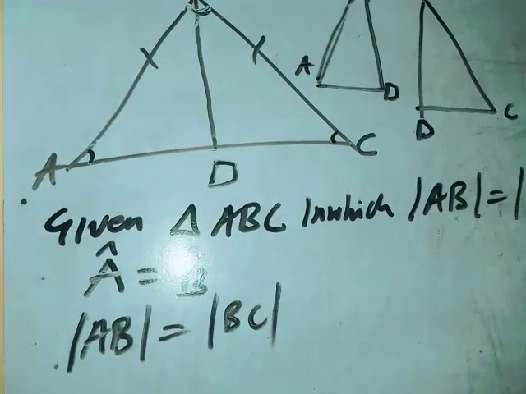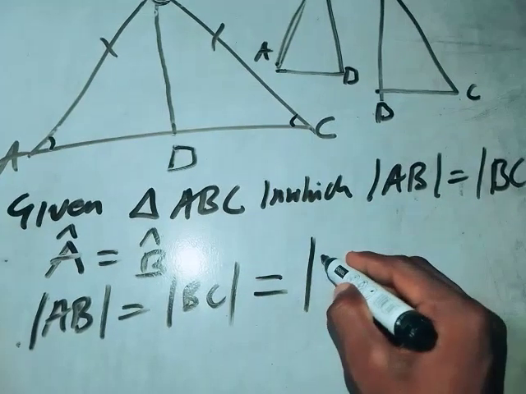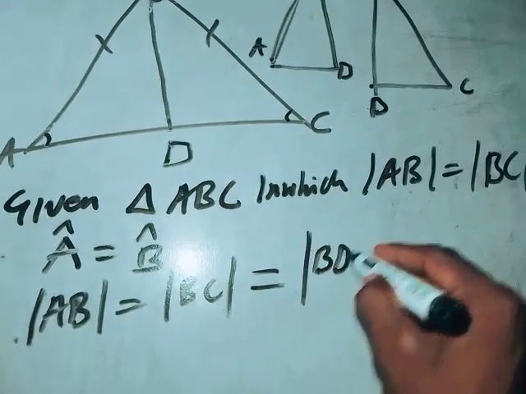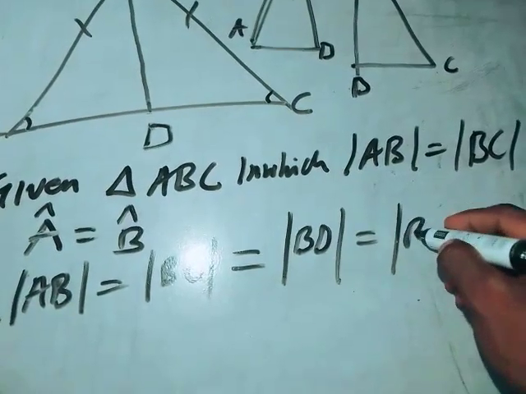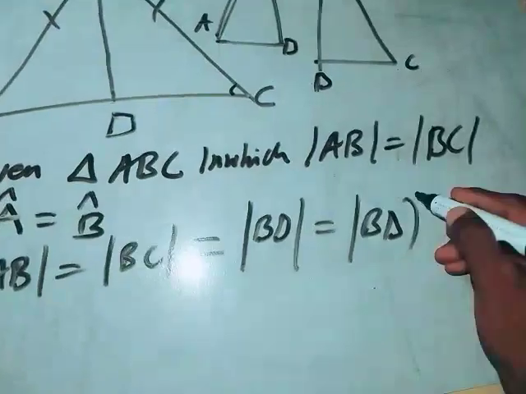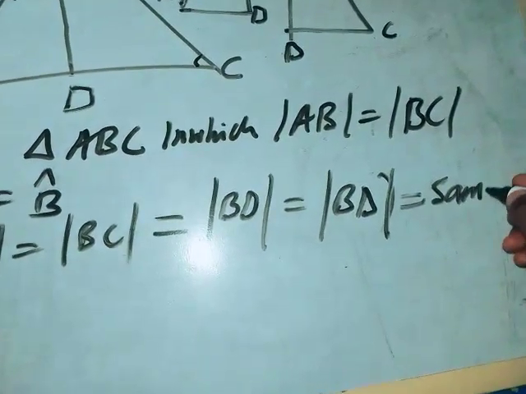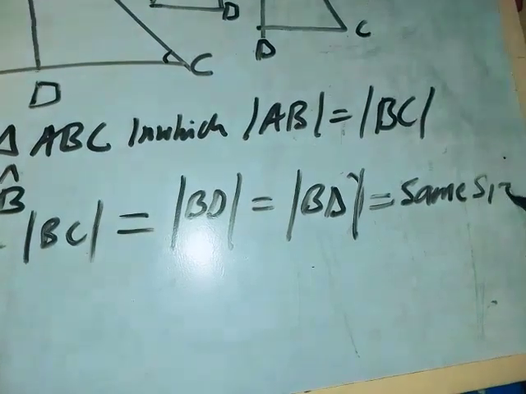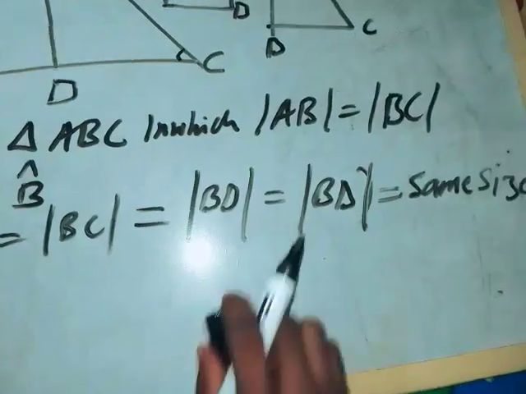So that means this is also equal to line BD is equal to line BD. I will explain. Because they are what? The same size. What do I mean by the same size?